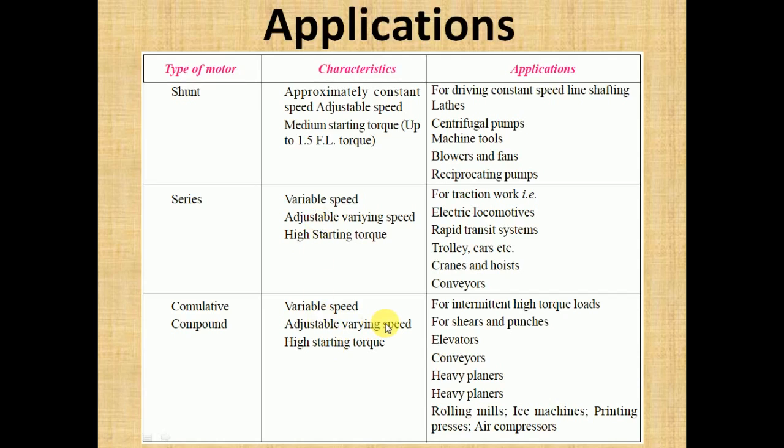So almost the applications also seem to be the same. Specifically, they are used in rolling mills, ice machines, printing presses, air compressors, etc. Even though they can produce high starting torque, it is not as high as that produced by the series DC motor. Hence, they cannot be used for traction work or electric locomotives.